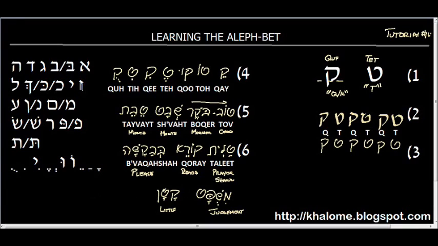In other words, you're better off using the kuf and the tet rather than the tav and the kaf, because a Hebrew-speaking individual will recognize that you're trying to spell an English word using Hebrew characters that they may be unfamiliar with. If you use the other ones, then they might think that you're actually trying to spell a Hebrew word. That's always just a kind of a rule of thumb there.